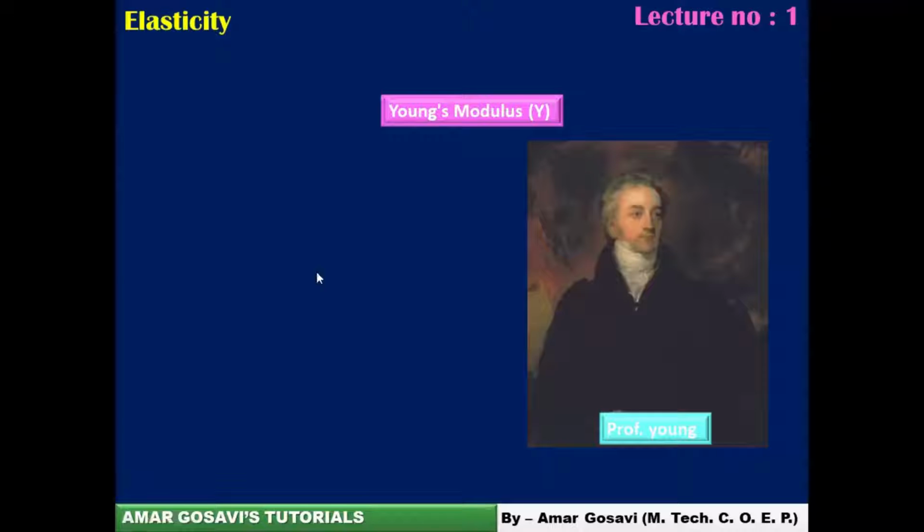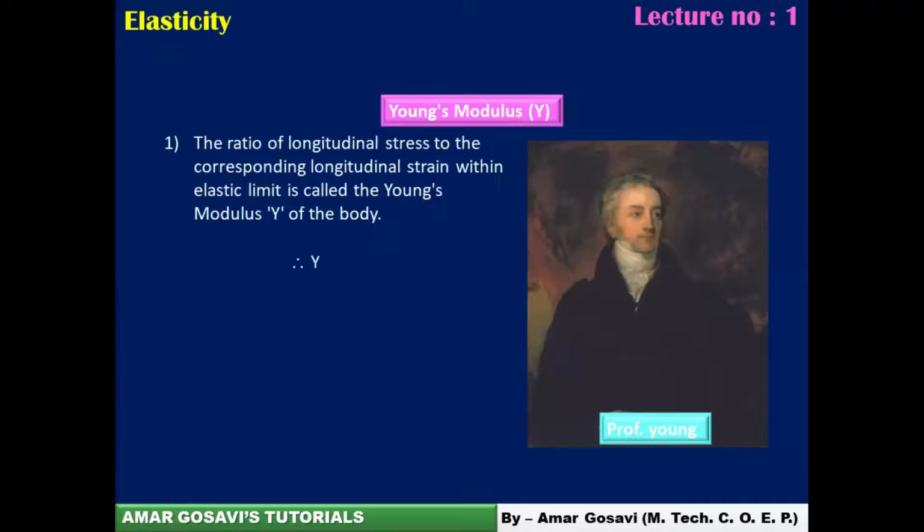The first type of modulus of elasticity is Young's modulus, denoted by capital Y, and it is defined as the ratio of longitudinal stress to longitudinal strain. Now we have expressed the equations for longitudinal stress and longitudinal strain.